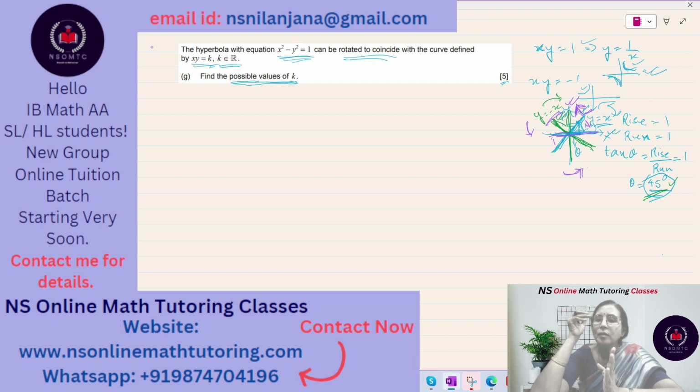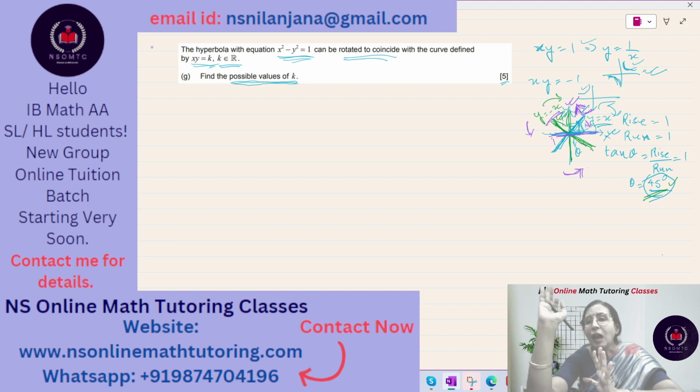Therefore, when we are rotating through an angle of 45 degrees in the clockwise direction, the y equals x line is coinciding with the x-axis and the y equals negative x line is coinciding with the y-axis. And if we are rotating the whole thing through 45 degrees in the counterclockwise direction, then the y equals x line is coinciding with the y-axis and the y equals negative x line is coinciding with the x-axis.